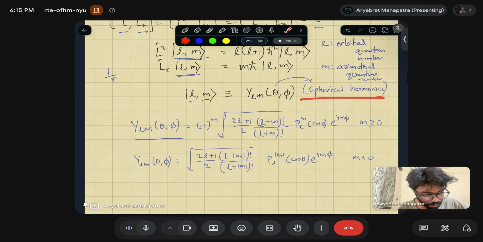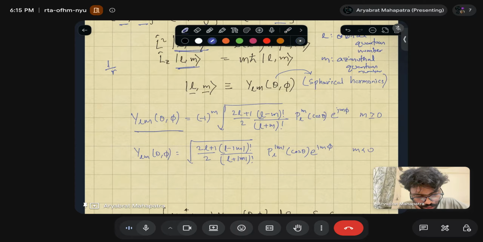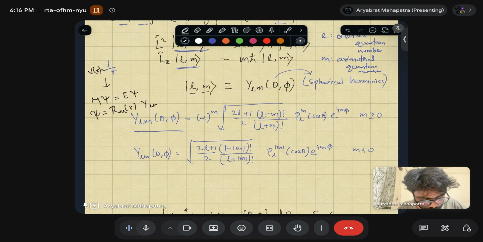If you have this kind of potential, and you start off with your Schrodinger equation, then this psi will break down into two parts: a radial part and the spherical harmonic.